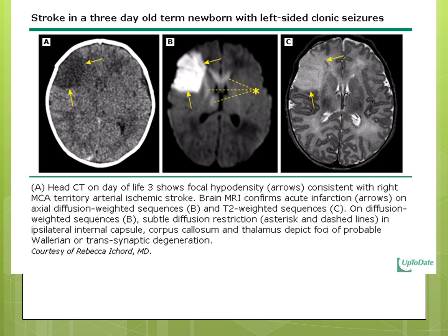B is an MRI that is T2 weighted, and when you hear about MRIs, there's T1 weighting and T2 weighting. T1 weighting is going to emphasize fatty tissues more, and T2 weighting is going to emphasize or light up the watery areas more.